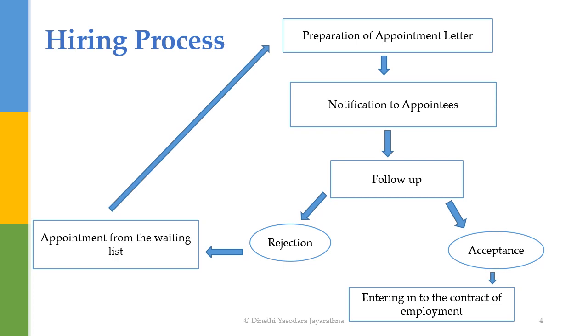If the person accepts the job offer, there is a legal procedure to accept a job offer, and then both the employee as well as the employer enter into a contract of employment. මෙන්න මෙතන තමයි contract of employment නැත්නම් employment contract එක starting point. If the employee rejects, එයා reject කරොත් මොකද වෙන්නේ?